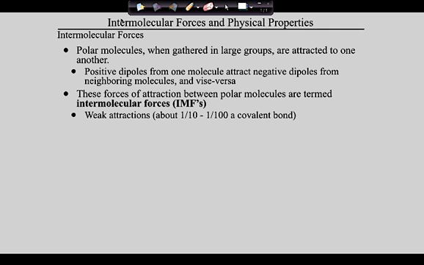So what is it that determines how strong the intermolecular forces are? The answer is the polarity of the molecule. The more polar a molecule is, the stronger its intermolecular forces.